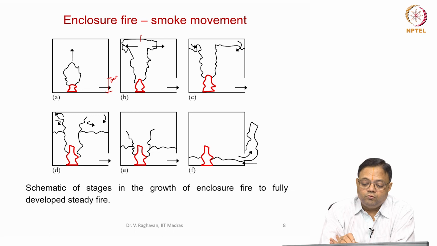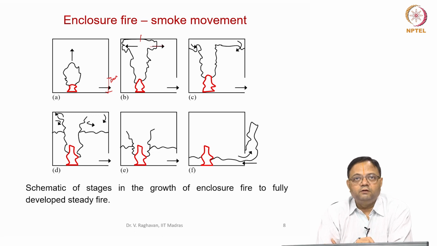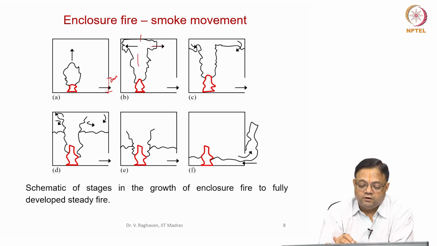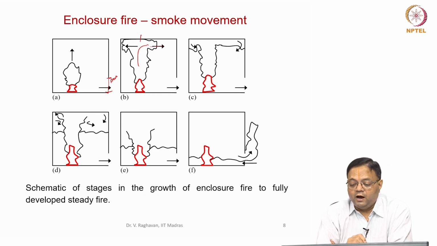Okay, now a ceiling jet is formed, that is, it turns and the ceiling jet is formed. And now the third stage, the third condition, you can say the flame is oscillating or still growing, and now we can see that the plume has hit the ceiling and a well established ceiling jet is also seen, but there is no way the smoke layer here can go away because this is a wall, so it has come down.